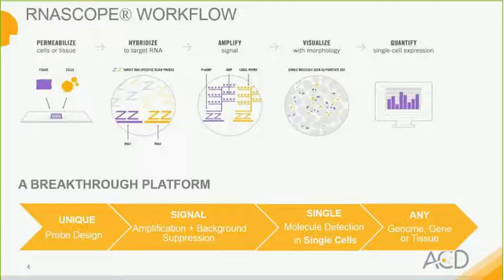Just as any in situ assay, the RNAscope assay involves permeabilizing properly prepared samples to allow complementary oligo probes to bind to RNA target of interest. Specific signal is amplified using the double Z probe system, which is subsequently detected and quantified. The assay is extremely universal as well as rapid and scalable.